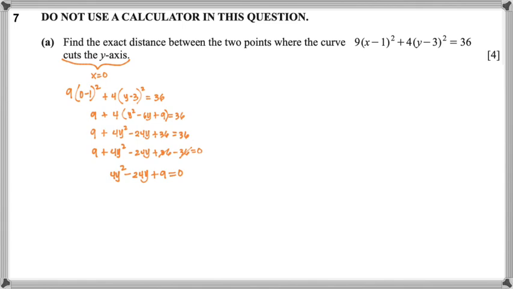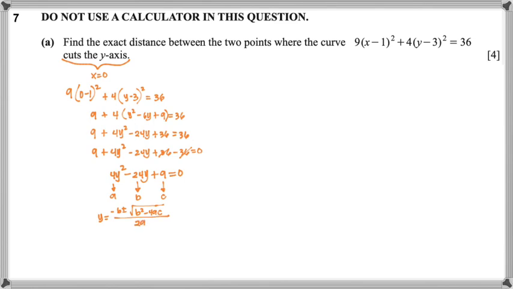There's nothing common to them. So this will be our a, this will be our b, and this will be our c. Let's use the quadratic formula to solve this. So y is equal to negative b plus or minus the square root of b squared minus 4ac over 2a.